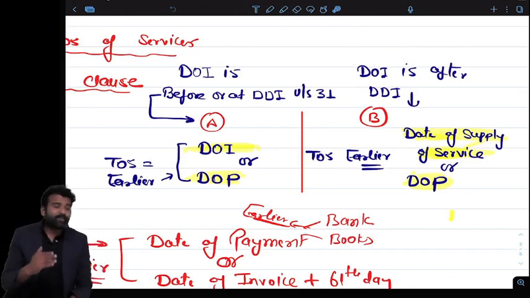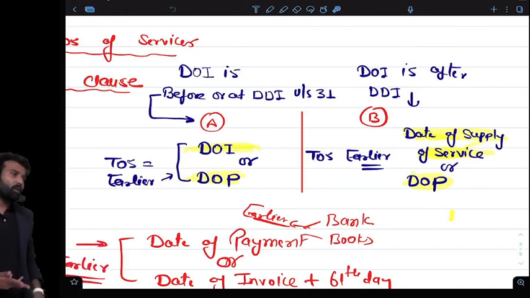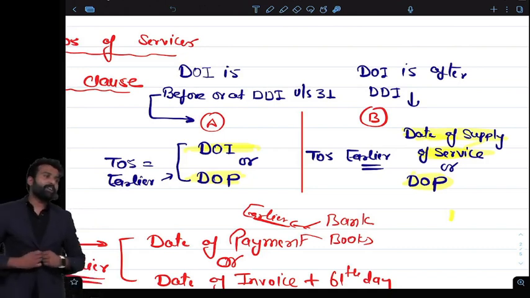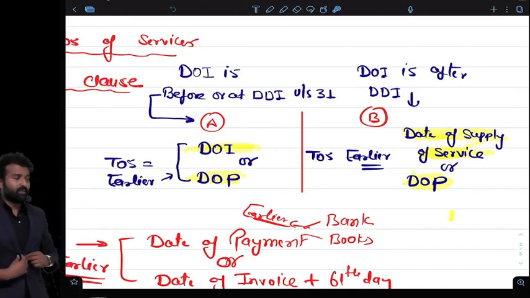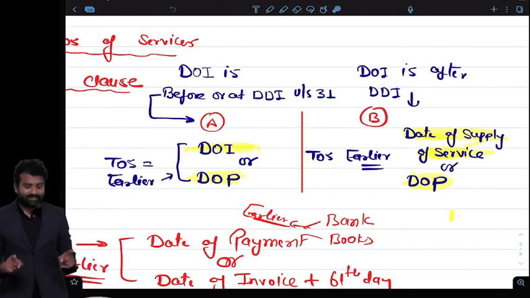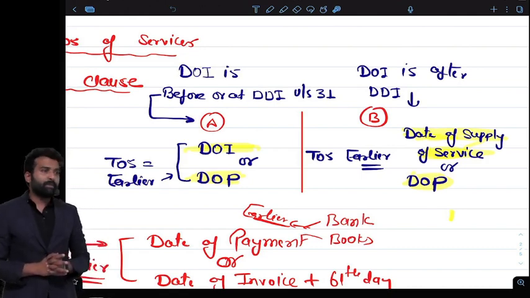So when I have supplied the services, if I have prepared the invoice within 30 days from the supply of service, then time of supply will be date of invoice or date of payment, whichever is earlier. But if I have not prepared the invoice within 30 days, then time of supply will be date of supply of service or payment, whichever is earlier.